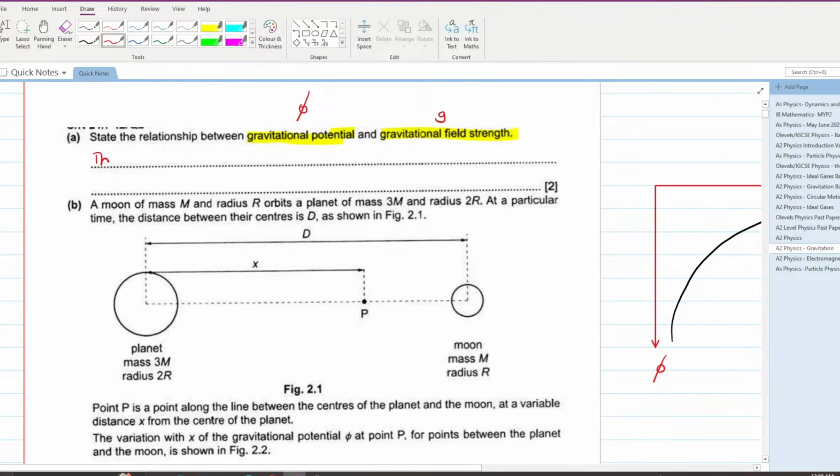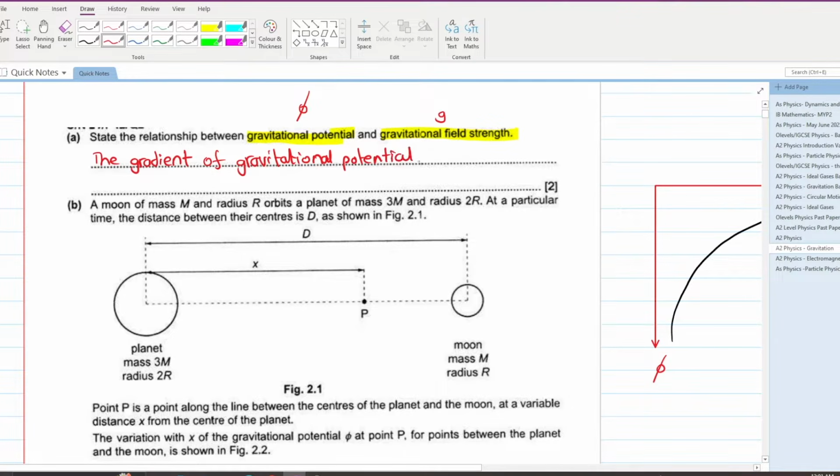The gradient of gravitational potential versus separation, separation would be a better word, not radius.